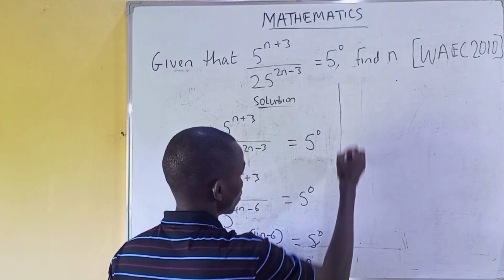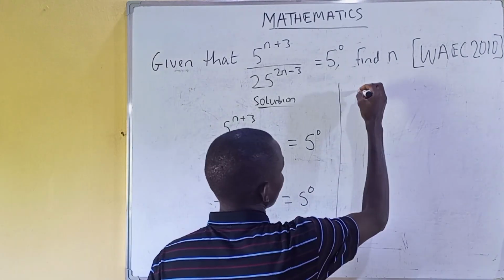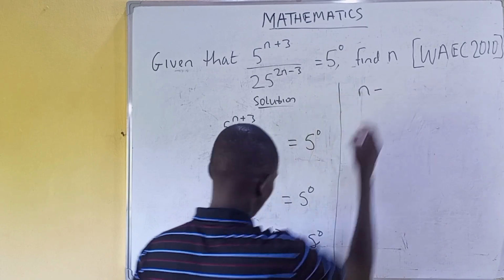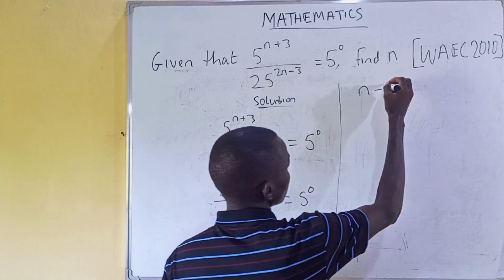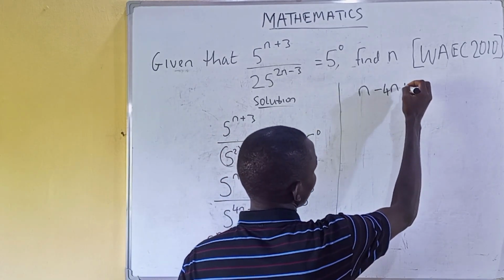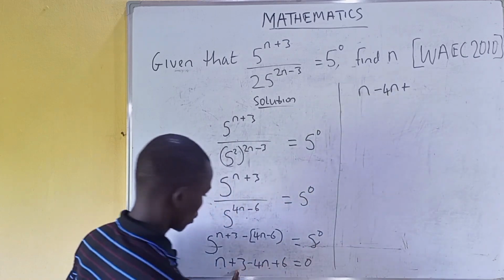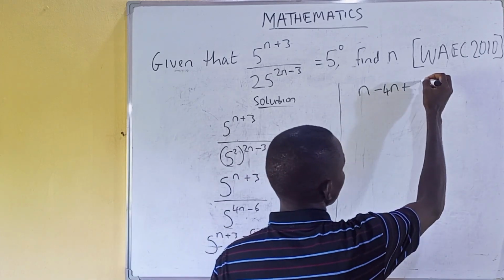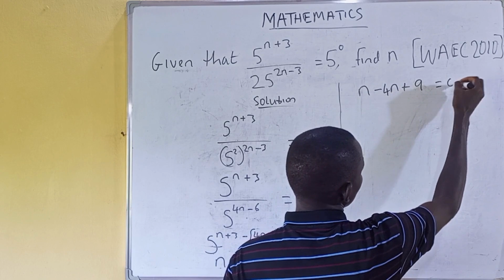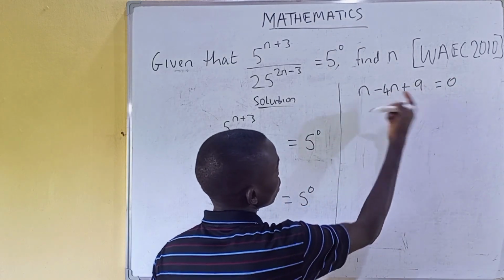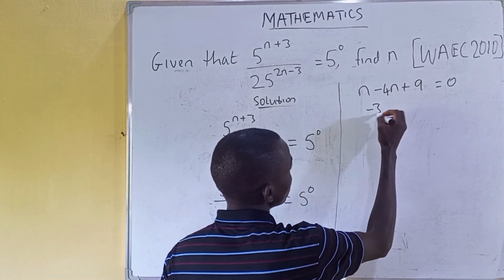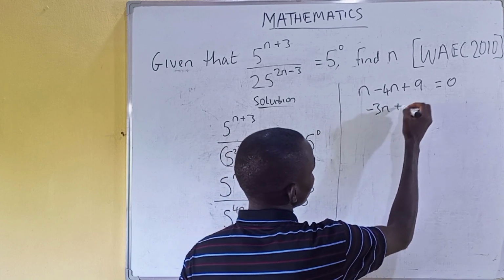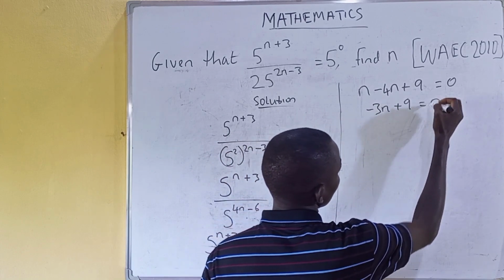So our equation will now be n minus 4n plus 3 plus 6, which is 9, equals 0. This minus this, we have minus 3n plus 9 equals 0.